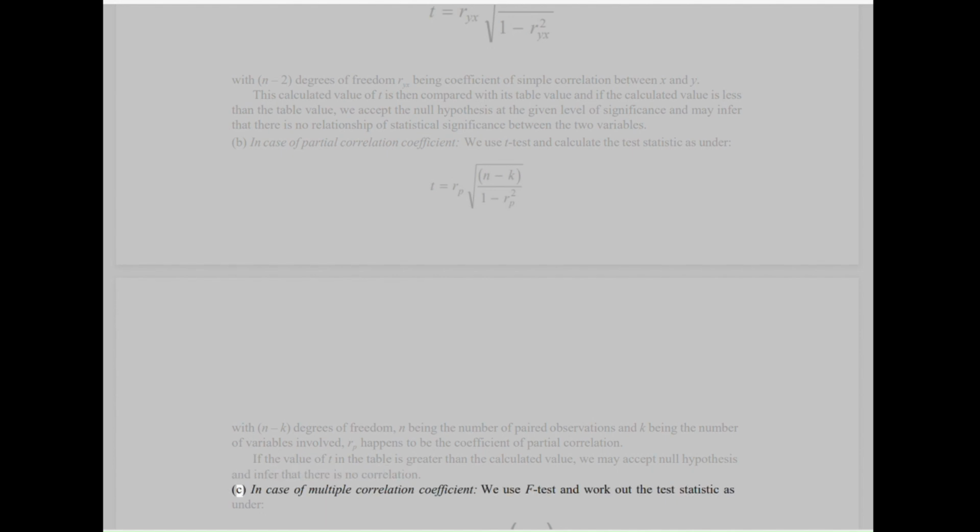C. In case of a multiple correlation coefficient, we use the F-test and work out the test statistic as under: F equals, where R is any multiple coefficient of correlation, k being the number of variables involved and n being the number of paired observations.